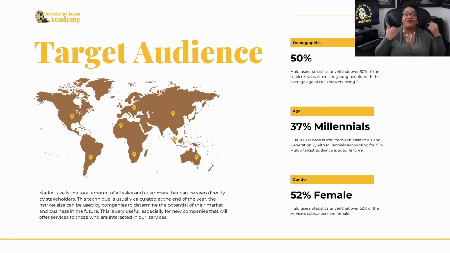For instance, according to Morning Consult, Hulu user statistics unveiled that over 50% of the service's subscribers are young people, with the average age of Hulu viewers being 31. Hulu's user base is split between millennials and Generation Z, with millennials accounting for 37%. Hulu's target audience is aged from 18 to 49 and 52% is female.